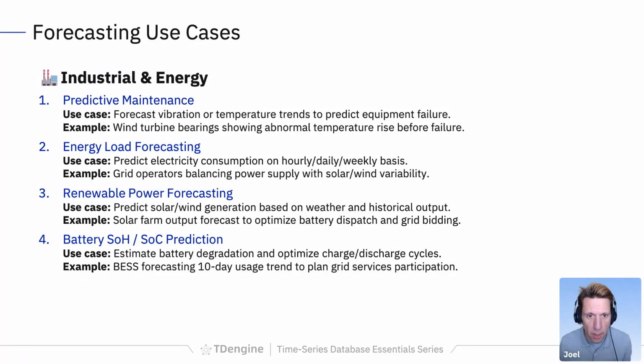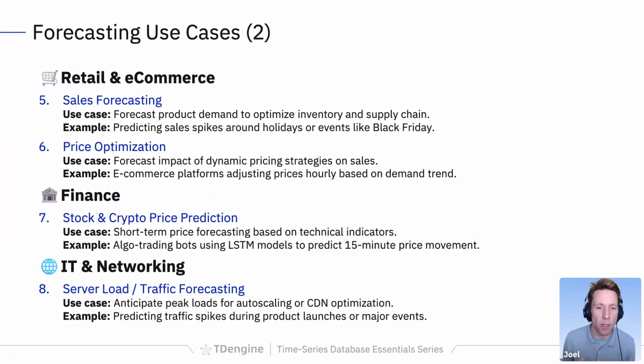Beyond industrial and energy, there are also use cases in retail and finance. It can be used for sales forecasting, price optimization, and stock and crypto price prediction. So you're able to take advantage of short-term price movements using LSTM models or other different models.